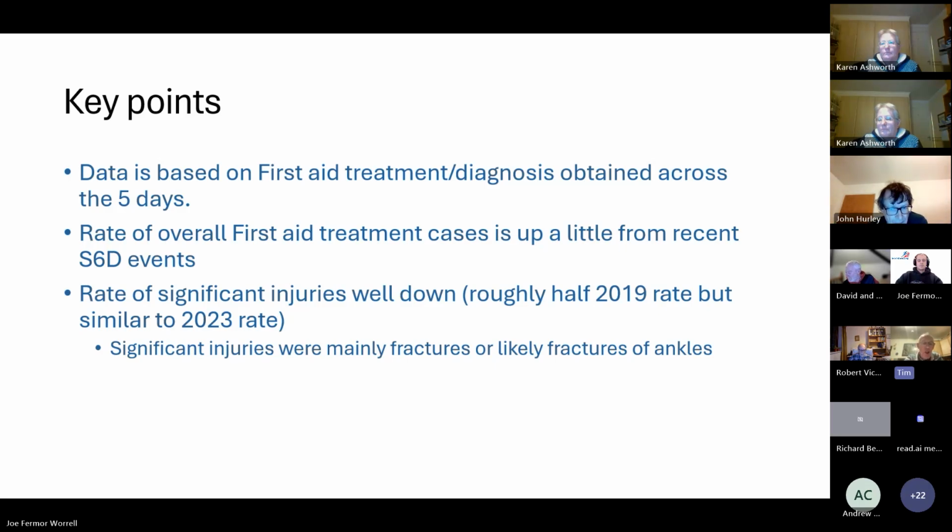So the significant injury I used was one where the orienteer would not be able to return to the forest the next day to carry on orienteering, right? So at least 1 day out, and most of them actually were probably several weeks out. So mainly fractures or likely fractures, because the first aid analysis frequently is that it is a likely fracture.